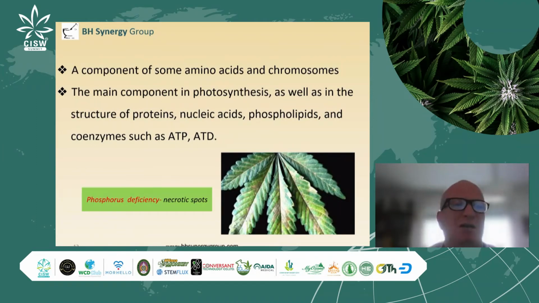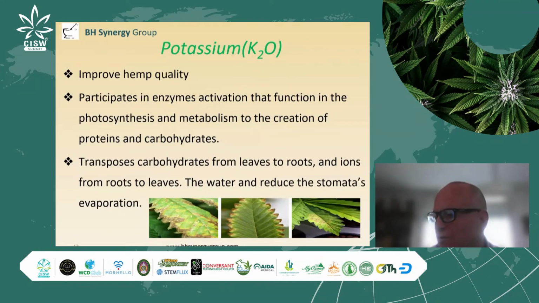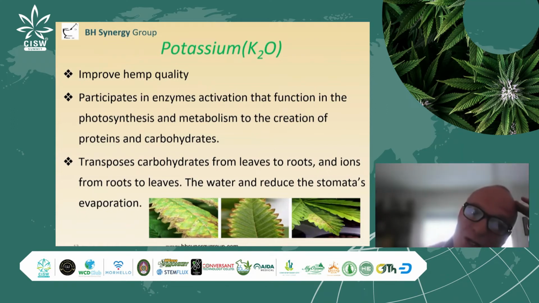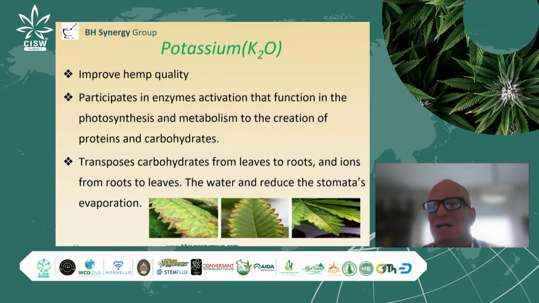Here again, the third member of the three main macro elements is potassium. It improves hemp quality. If we said that nitrogen makes the cell bigger, then if we think about quality, we inject potassium, which means we give it more, make it stronger inside.